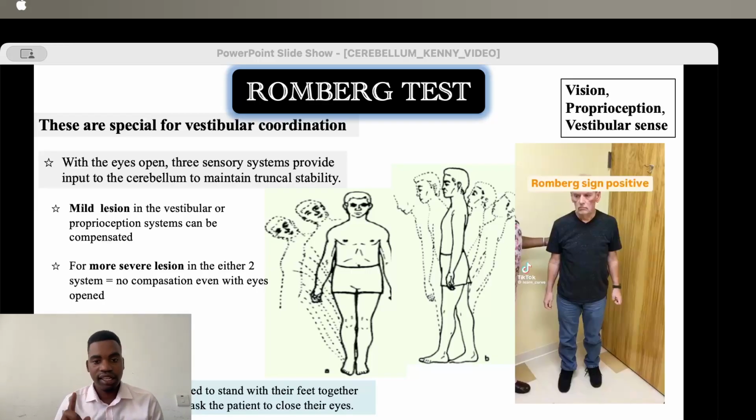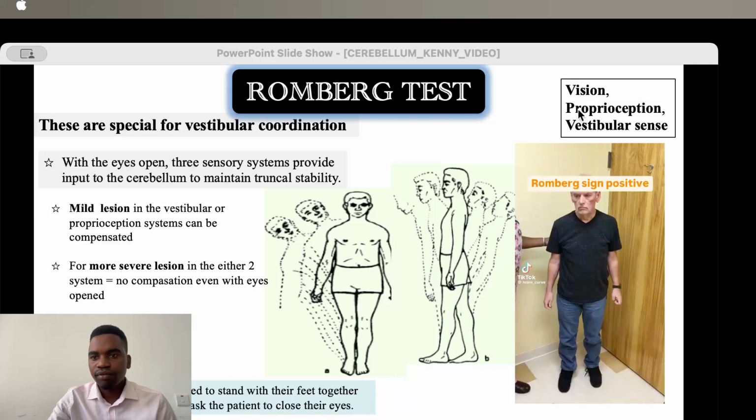But when the lesion is mild, if this someone closes his eyes, it means we have lost proprioception together with vision. Proprioception together with vision are gone.